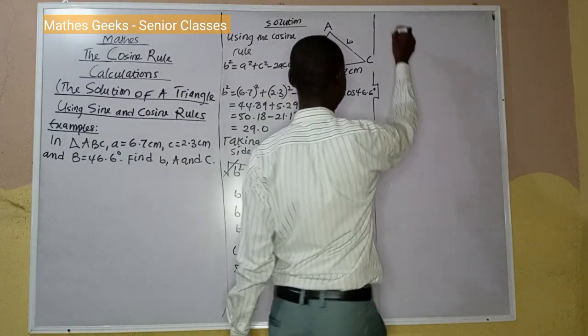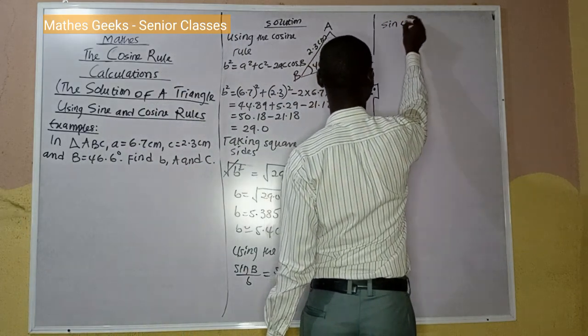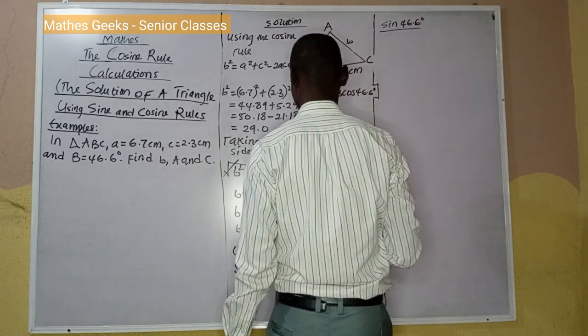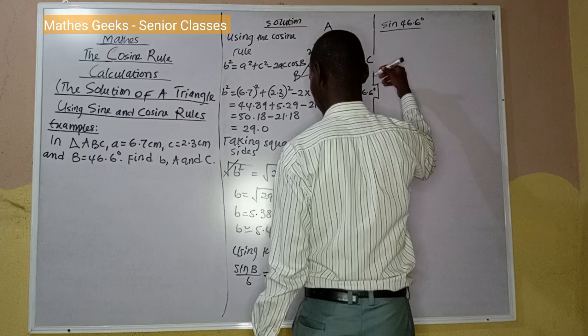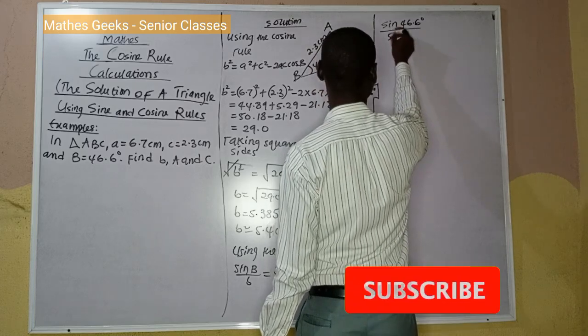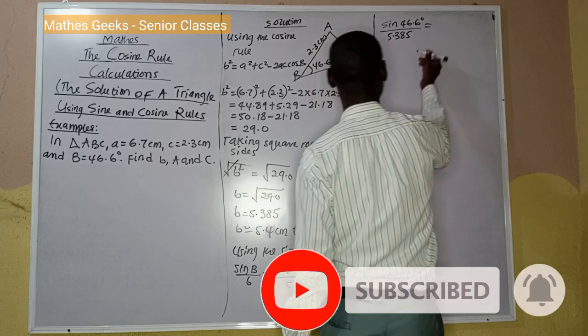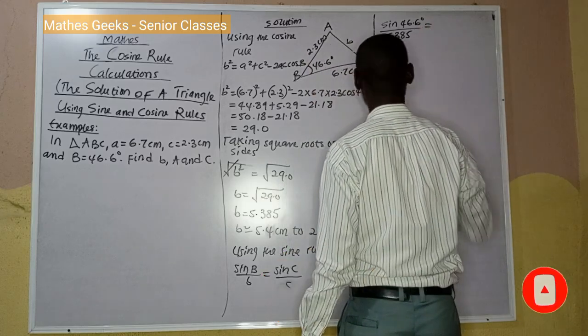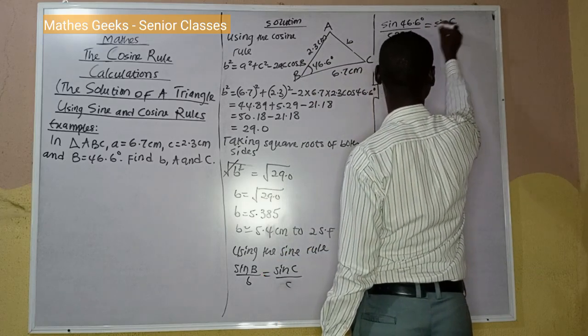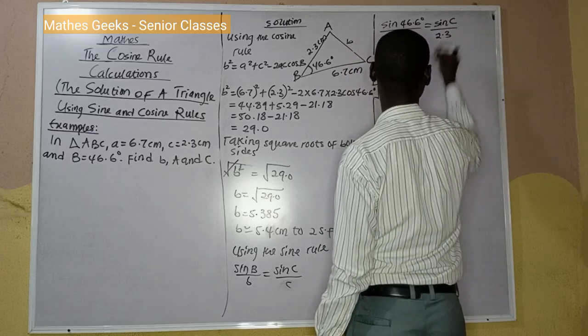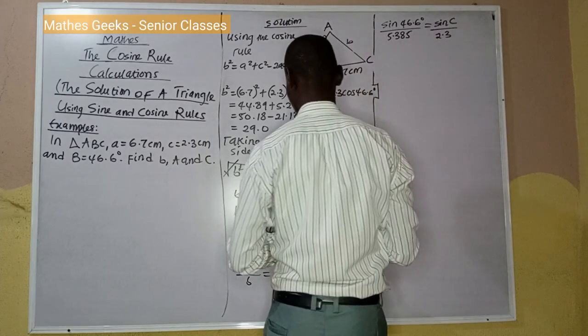So sine B is sine 46.6 degrees over B, which is 5.385, equals sine C over C, 2.3.